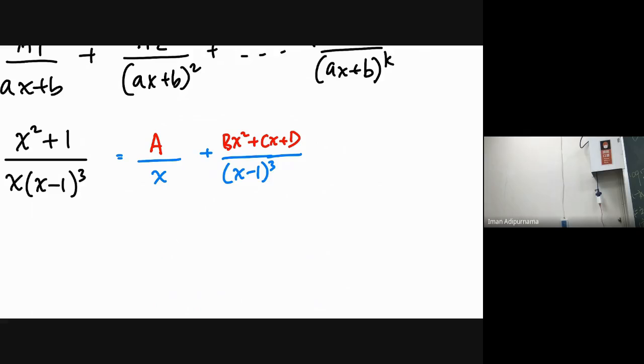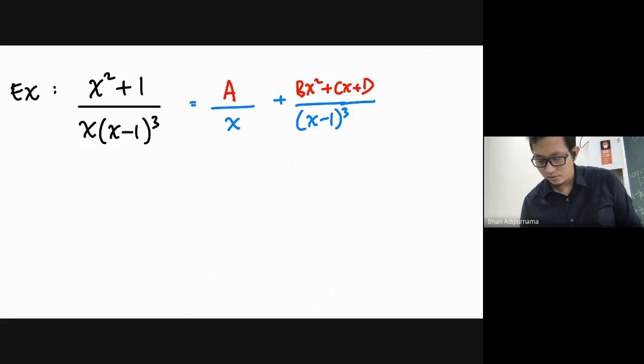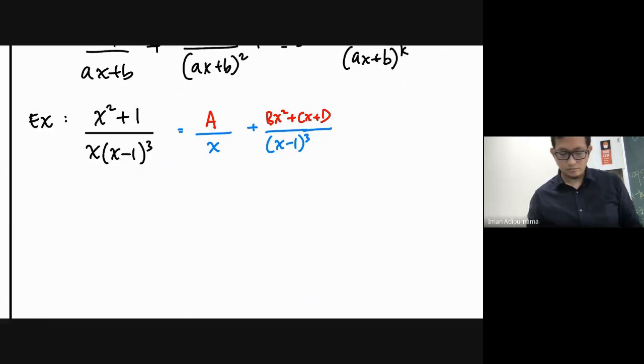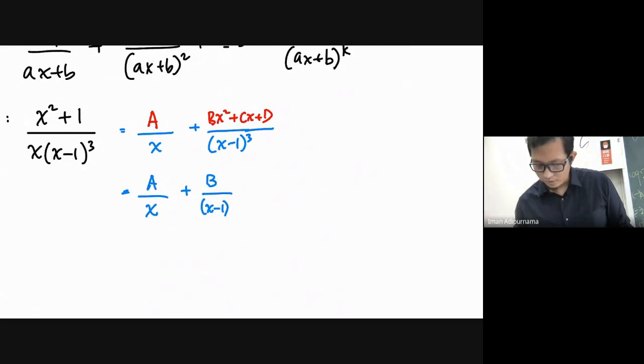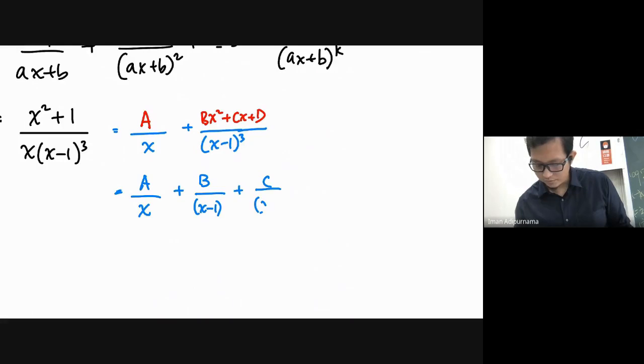We can simplify them, and then we can write them as ax plus b plus c, and then plus d.